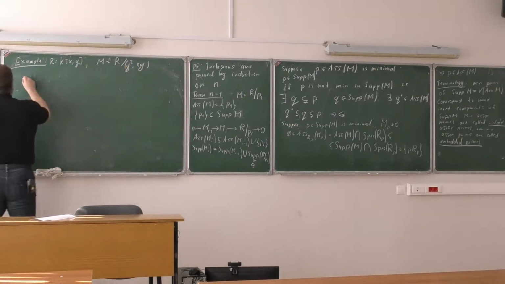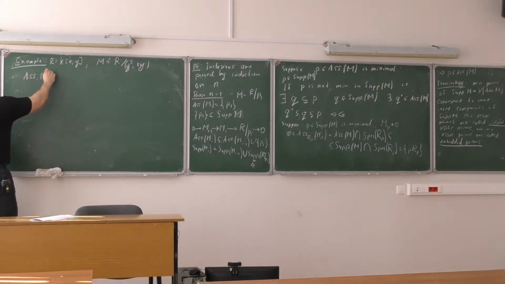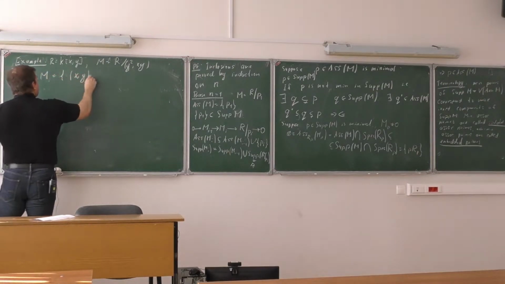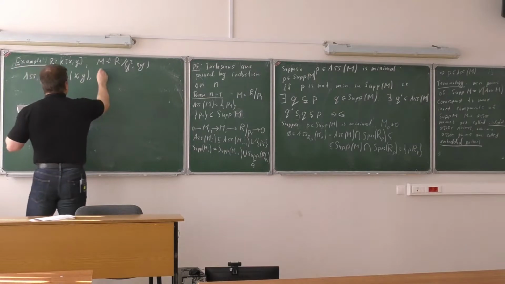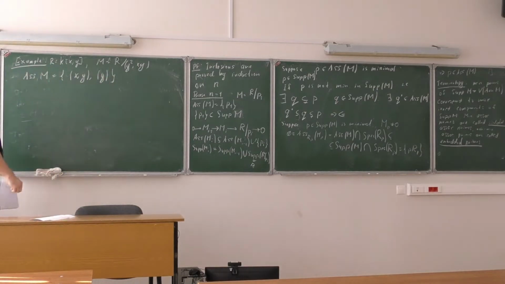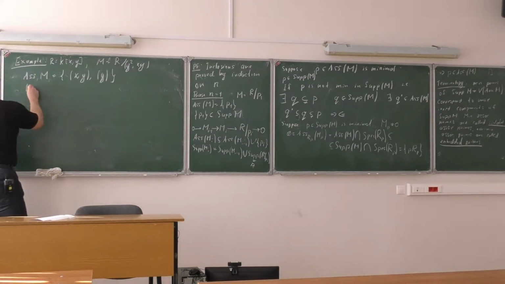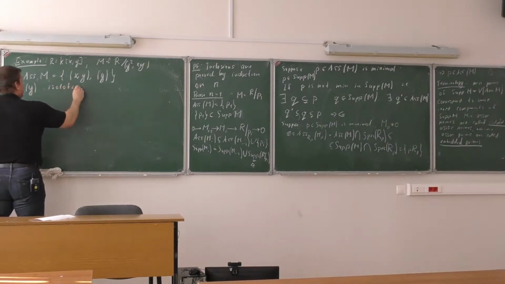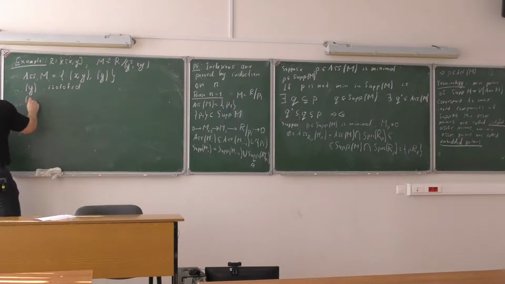I claim that if you do the computation, the associated primes are the set of two ideals: the maximal ideal generated by x and y, and the prime ideal generated by y. So try to prove this. In this example, the ideal generated by y is isolated, and the maximal ideal corresponding to the point is an embedded point.